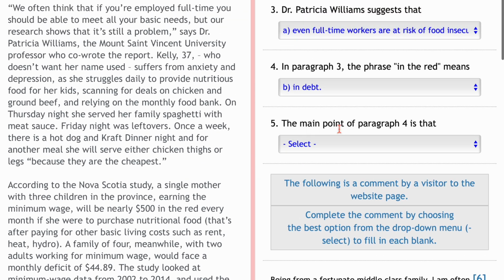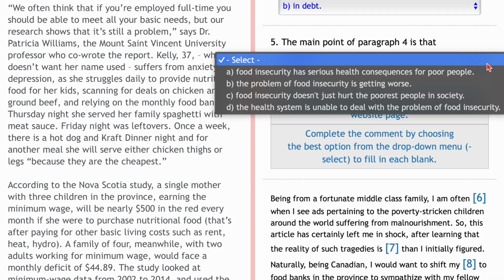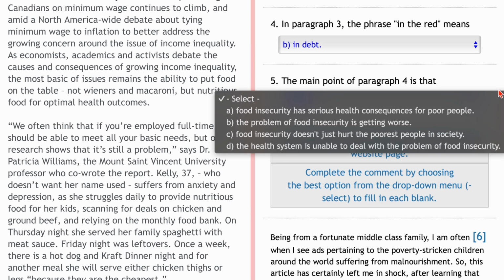So the main point of paragraph 4 is that food insecurity has serious health consequences for poor people. The problem of food insecurity is getting worse. Food insecurity doesn't just hurt the poorest people in society. The health system is unable to deal with the problem of food insecurity. So then, what do you think?